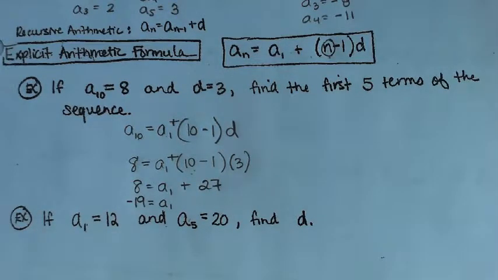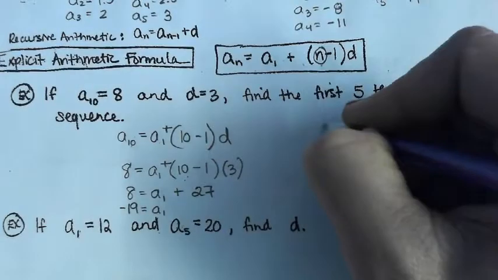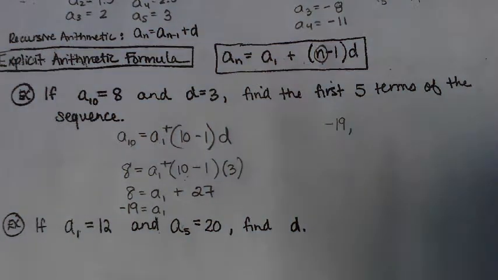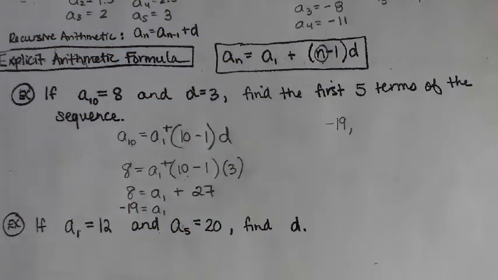So based on the information, we now have found our first term, and they want the first 5 terms. So if the first one is negative 19, what? Okay, we'll come to it. There's definitely multiple ways, but depending on the information, that logic might be harder, which is why I'll always encourage you to go to your formula.